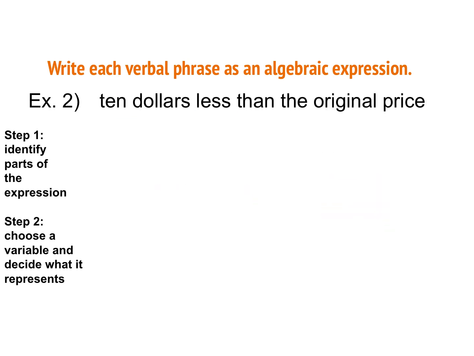Let's look at example 2. So let's identify the parts. I have $10, so I'm going to write 10. "Less than," so I know that less is minus, and that I need to take away from whatever I have. Then the original price. Now, I don't know the original price, so this is my unknown. So I'm going to first draw a model. I'm going to say P equals my original price.